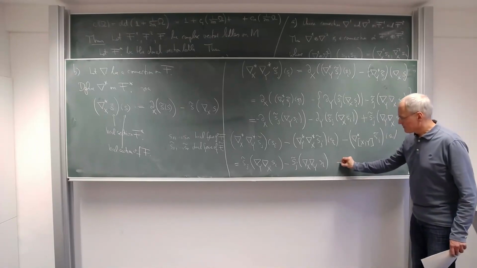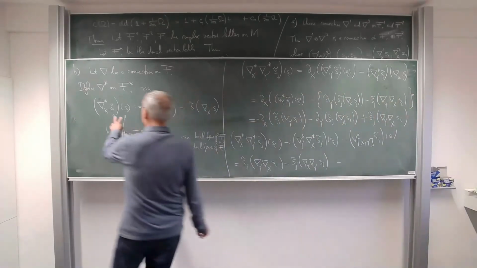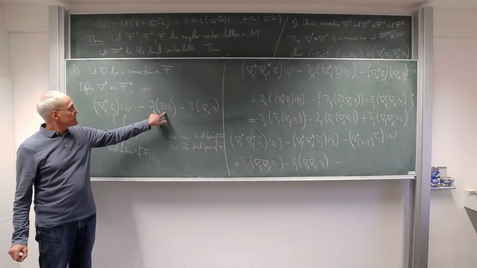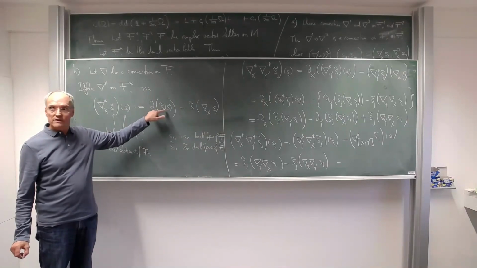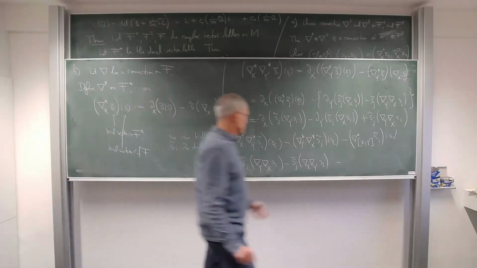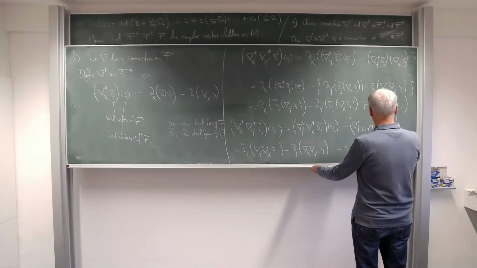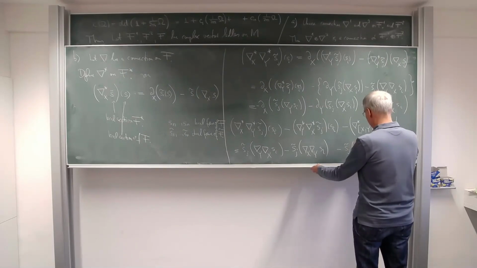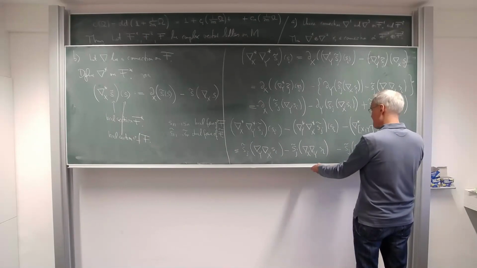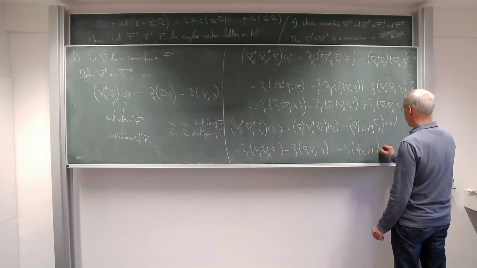For that I can again use this formula. Again, this term vanishes because this is either 1 or 0, a constant function. So this term disappears and I'm only left with that one. That gives me then minus Sj tilde of nabla of the Lie bracket of X and Y applied to Si.